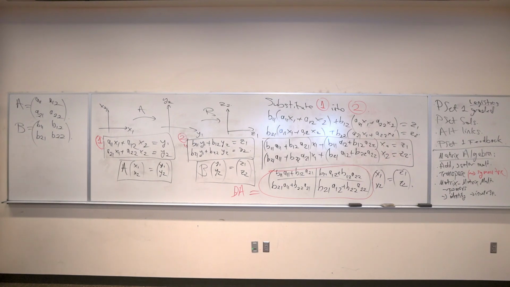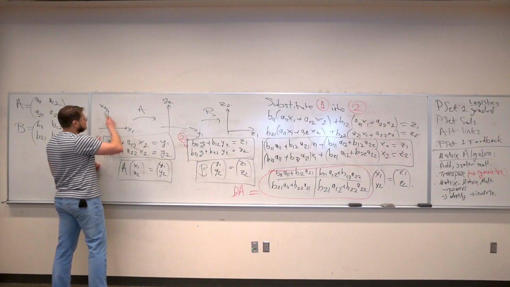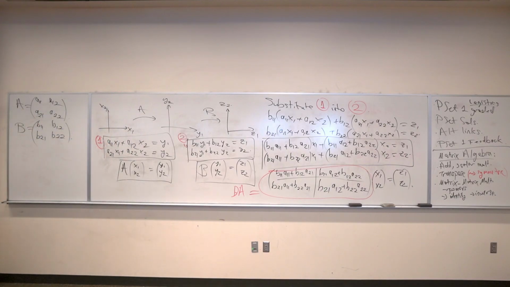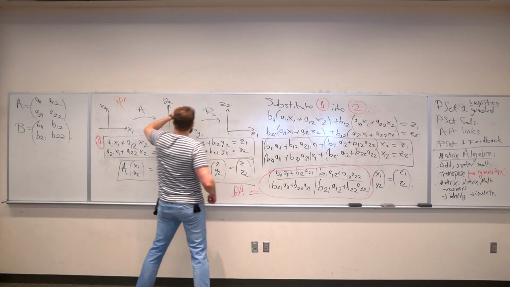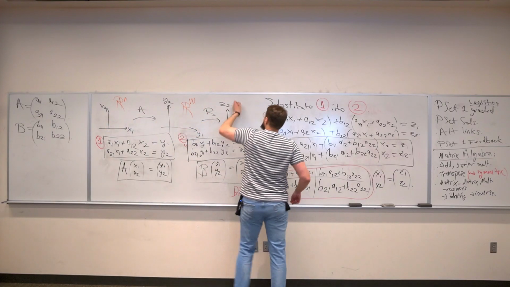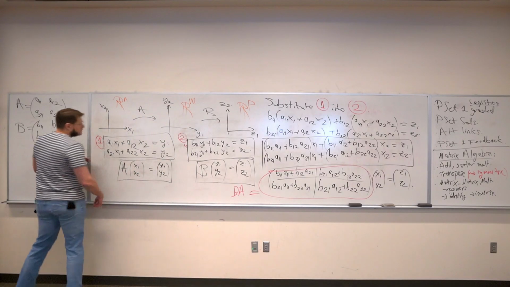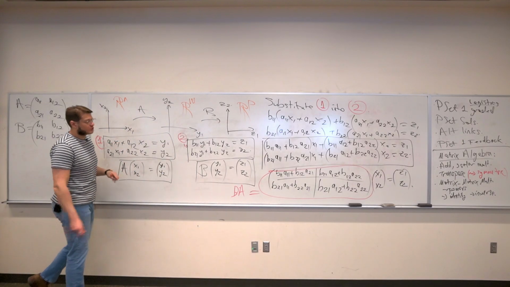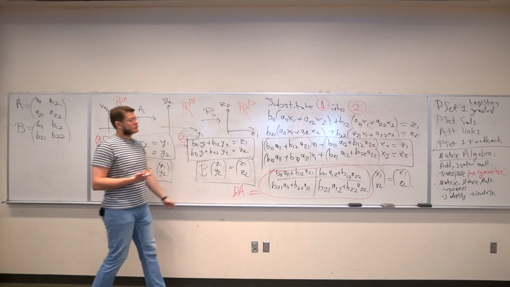Now, the idea is this, okay? So this is essentially the idea. If you have here Rn, Rm, Rp, now you have more equations and more unknowns, whatever, but you can do the same trick. You can still do this substitution business.